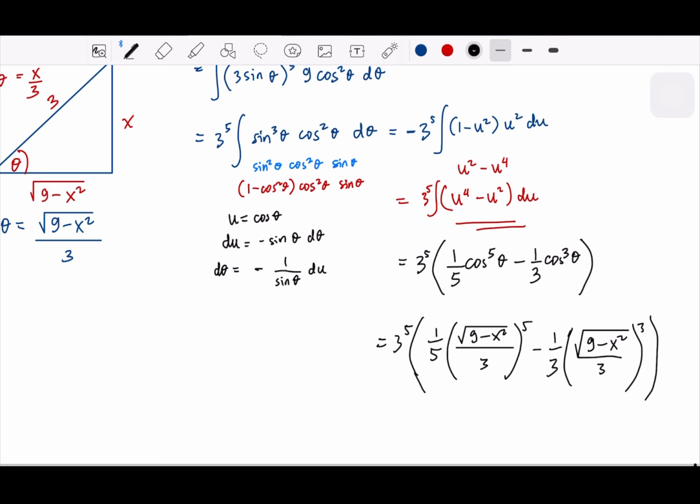Then we can take this 3 power of 5 and multiply with all the 3. After some cancellations, I will get the result as 1 over 5, 9 minus x squared to the 5 over 2, minus 3, 9 minus x squared to the 3 over 2, plus constant. That will be the answer.